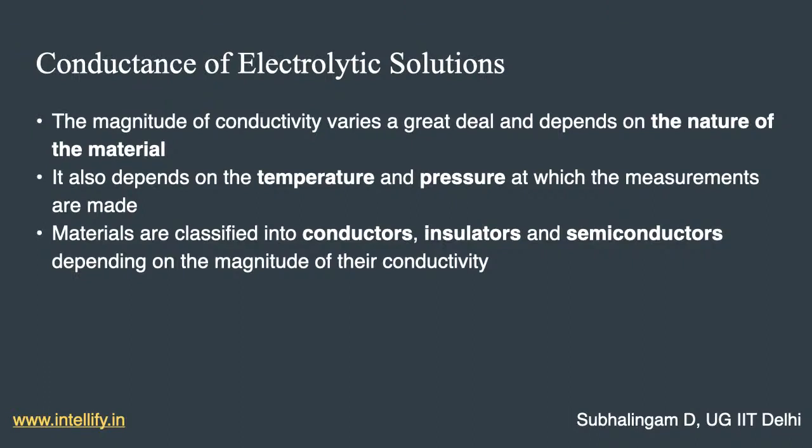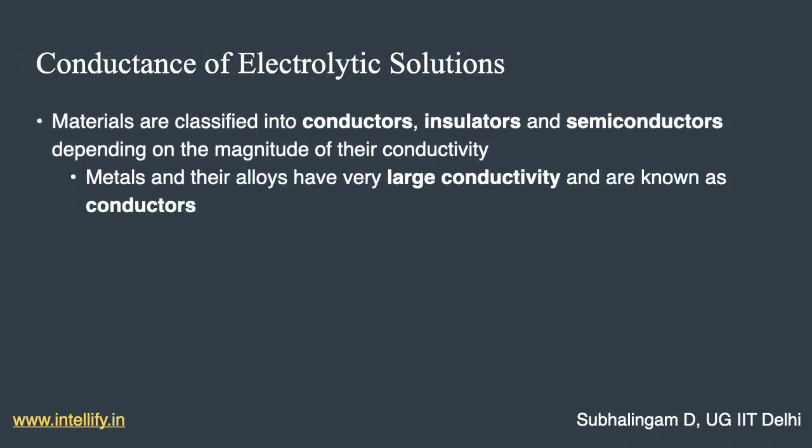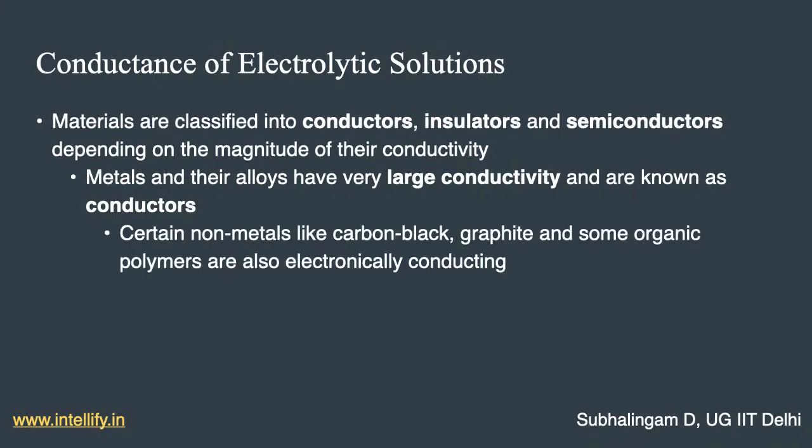You might have seen these terms earlier, I suppose, I hope so at least. So, metals and the alloys have very large conductivity and are known as conductors. Certain nonmetals like carbon black, graphite, and some organic polymers are also electronically conducting. So, what are conductors? Materials that have large conductivity.